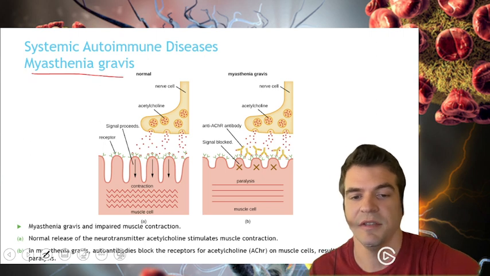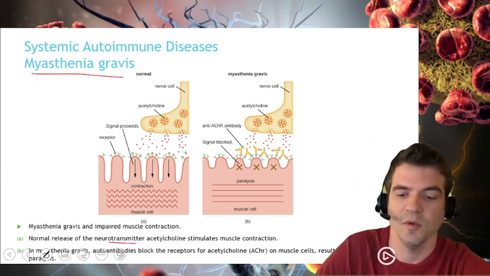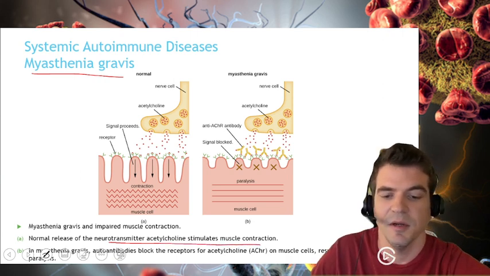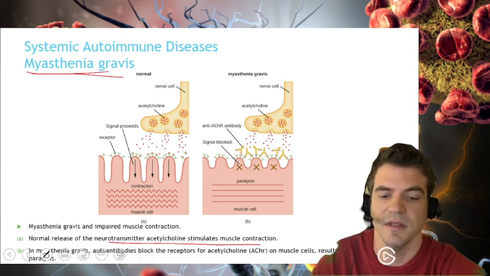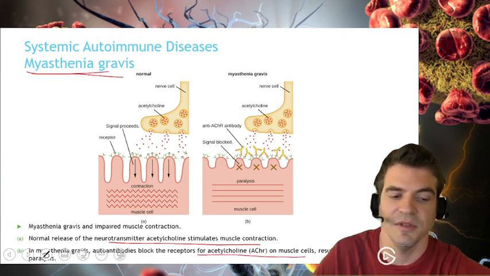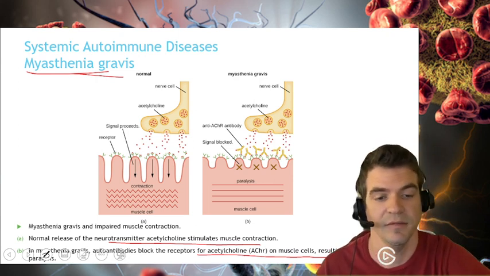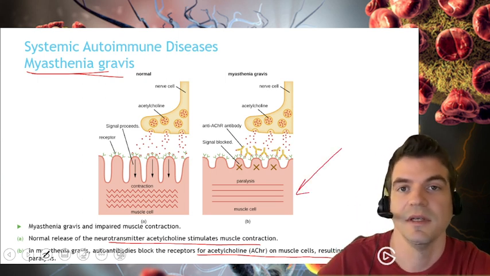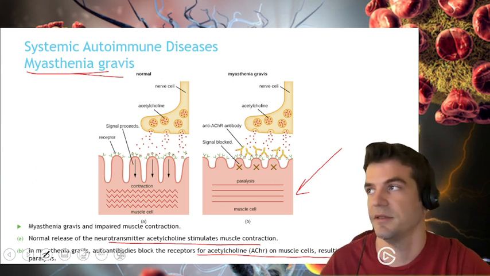Myasthenia gravis: normal release of neurotransmitter stimulates muscle contraction. But in myasthenia gravis, they are going to block those receptors, resulting in no muscle movement, paralysis.